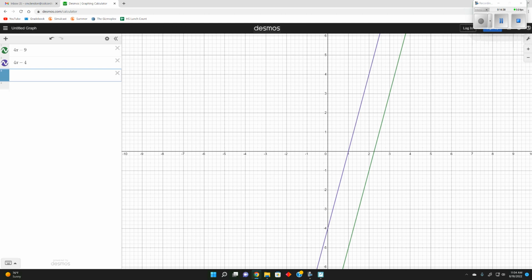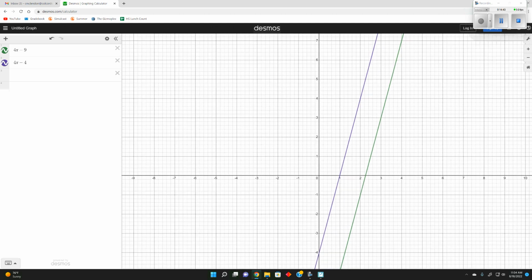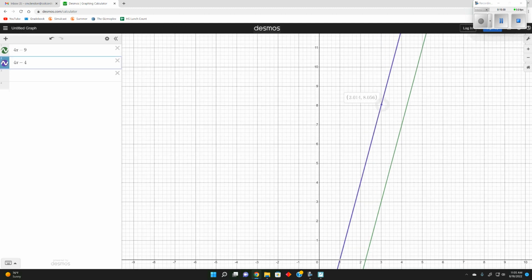So if we look at this point here, we're at the point 3, 3. If it moves up 5, it's going to be at 3, 8, because it moved from 3, 3 to 3, 8. So it's moving them all up 5. That's all that we did.